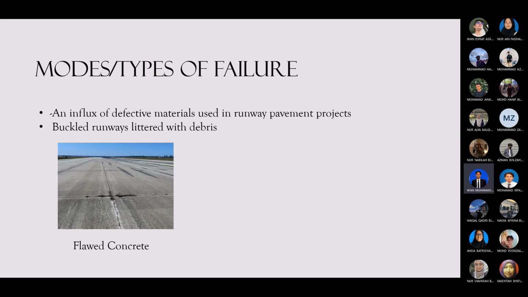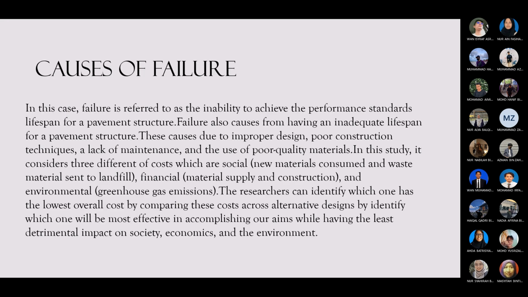Modes and type of failure. An influx of defective material was used in the runway pavement project. The runway buckled and was littered with debris. For the cause of failure, in this case, failure is referred to as the inability to achieve the performance standard lifespan for a pavement structure.